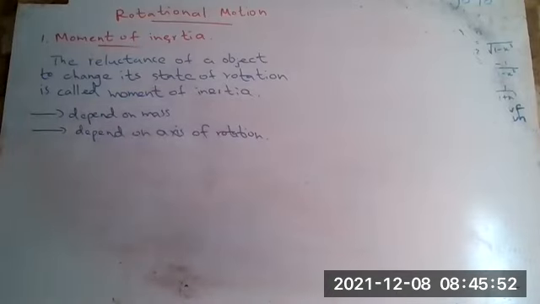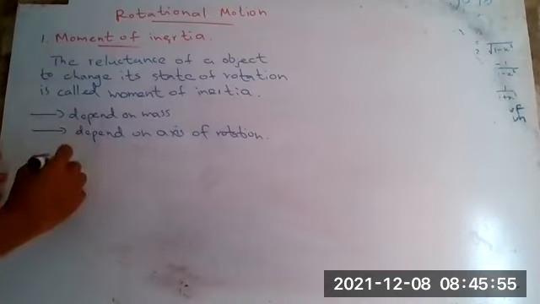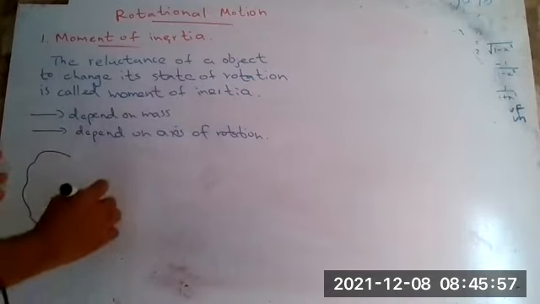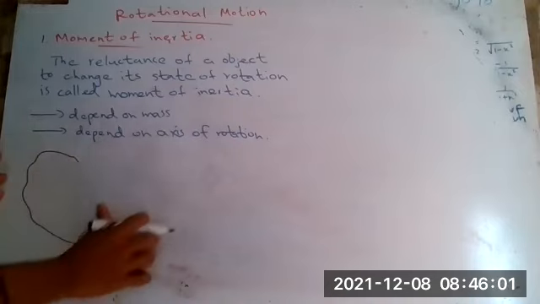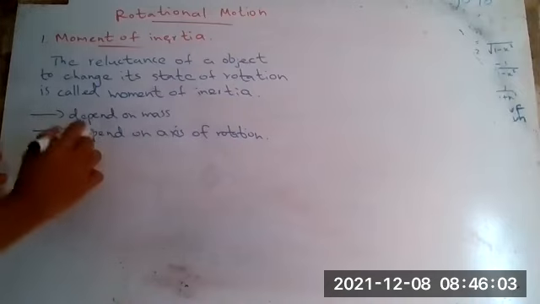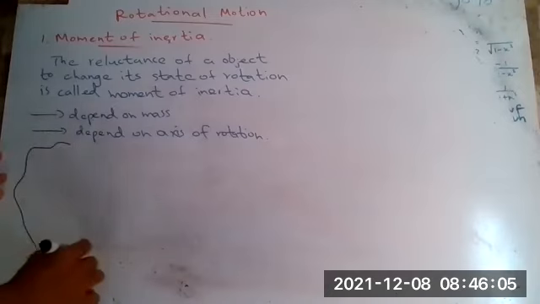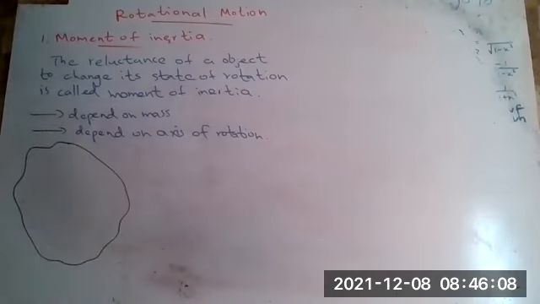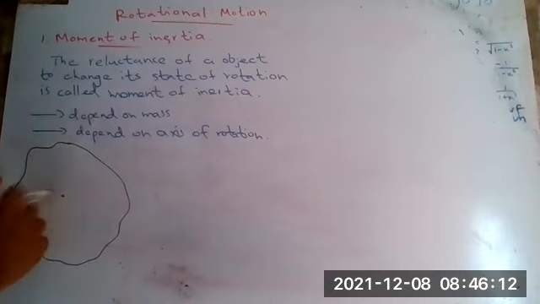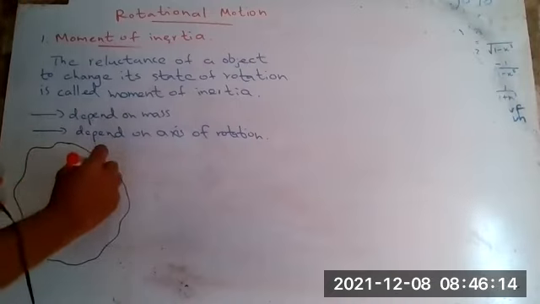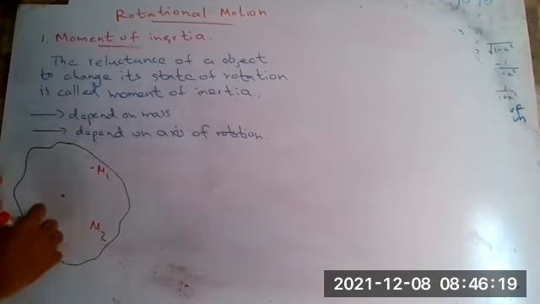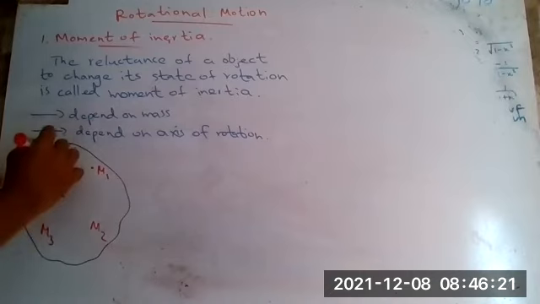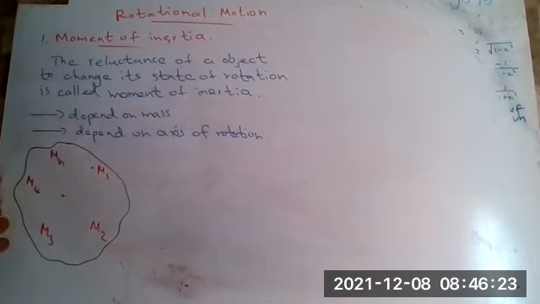So now if we consider a system of masses, let's say I will draw it a little bigger. Here it's the center. Here M1, M2, M3, M4, Mn, right?